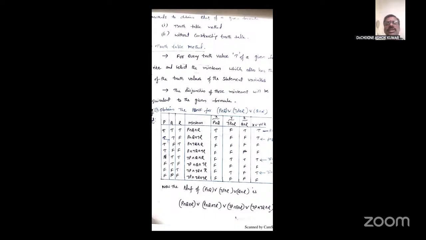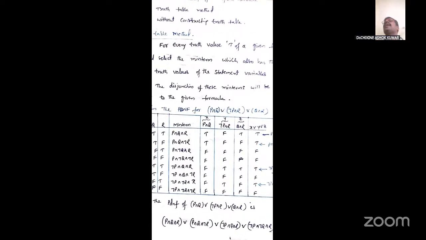Before obtaining the principal disjunctive normal form, first we have to convert it into disjunctive normal form. Once it is in disjunctive normal form, then you can write it in principal disjunctive normal form. The main difference is obtaining the minterms.